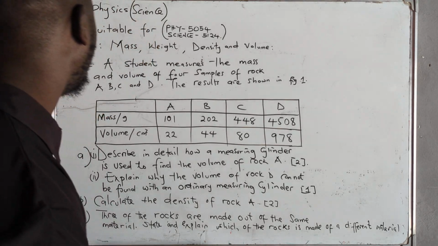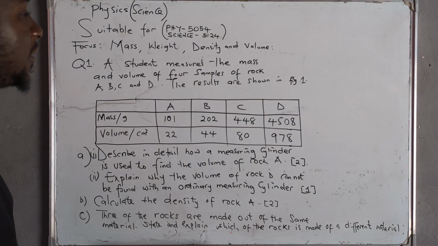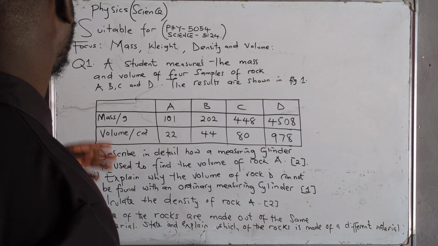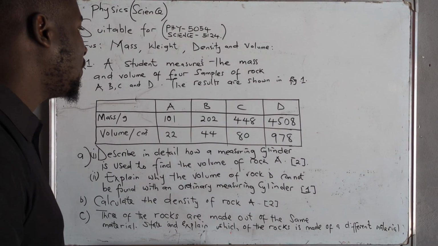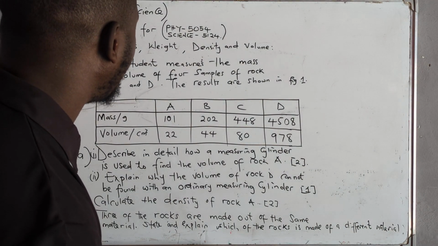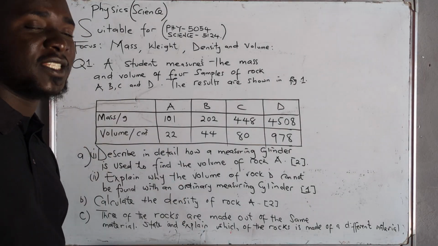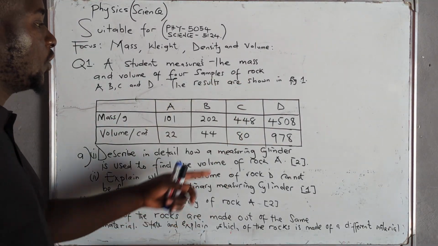This is the first question, and it says a student measures the mass and the volume of 4 samples of rock A, B, C, and D. The results are shown in this figure.